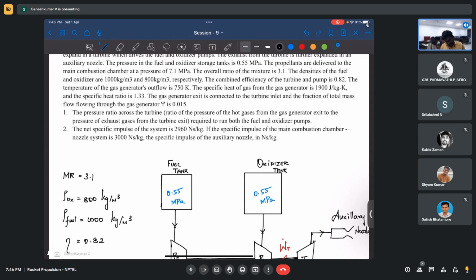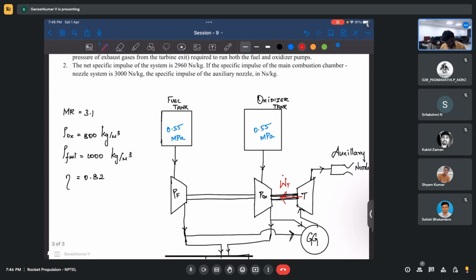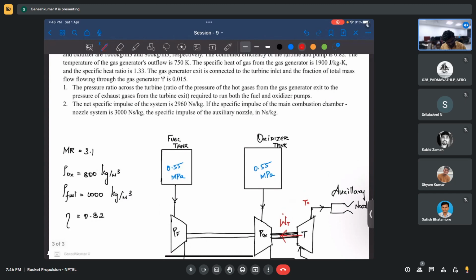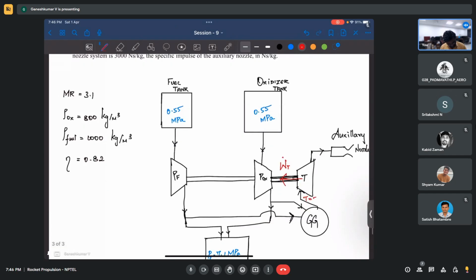The temperature of the gas generator's outflow, the temperature here, is going to be 750 Kelvin. Is it okay? This is turbine inflow, right? So they are telling the input gas generator outflow here, it is going to be 750 Kelvin.